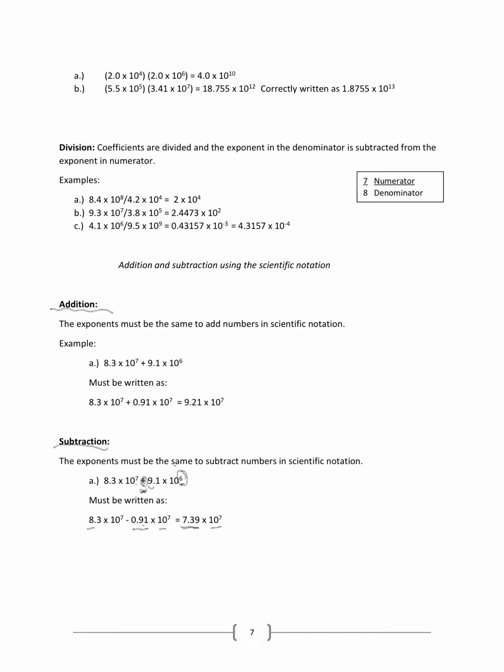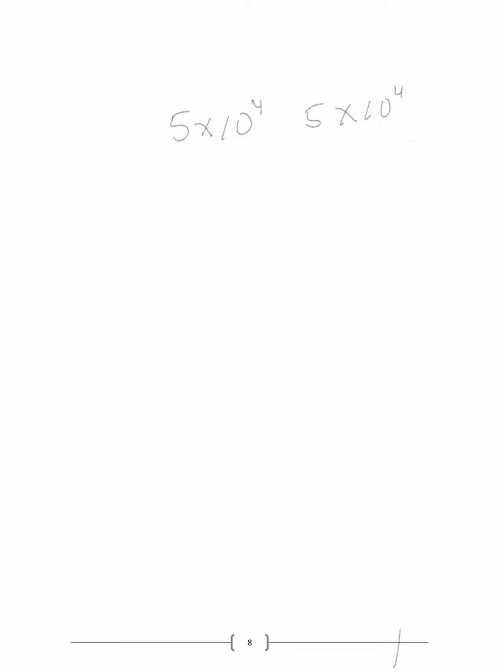Now I'm going to do one more. If I have 5 times 10 to the 4th plus 5 times 10 to the 4th, the first thing I'm going to do is add the coefficients. So 5 plus 5 equals 10. Now I'm going to write it out in scientific notation: 10 times 10 to the 4th.